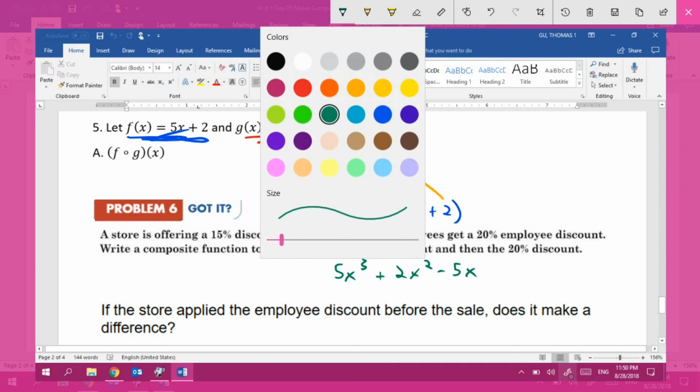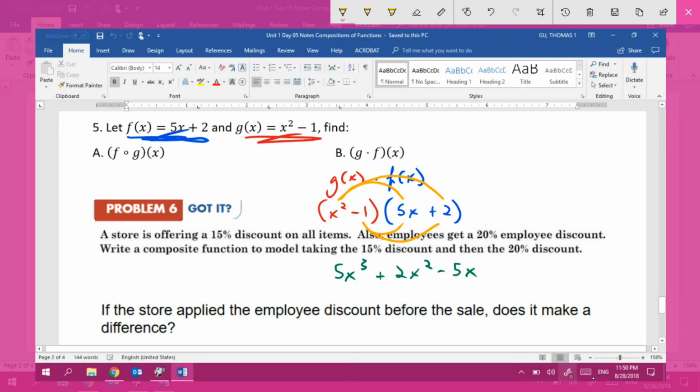And then lastly, negative 1 times positive 2 is minus 2. So as you can see, there are no like terms here to combine. So this is our final answer, 5x cubed plus 2x squared minus 5x minus 2. That is the product of these two functions.